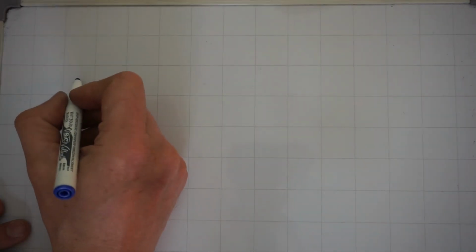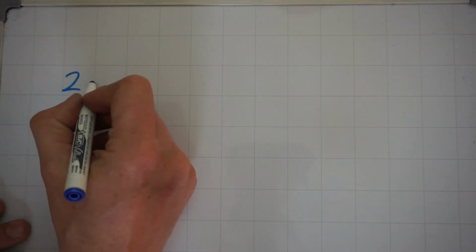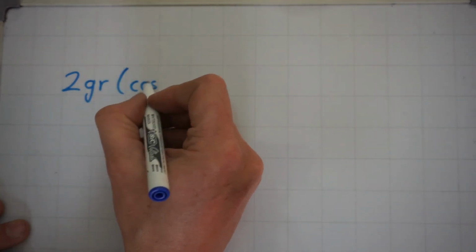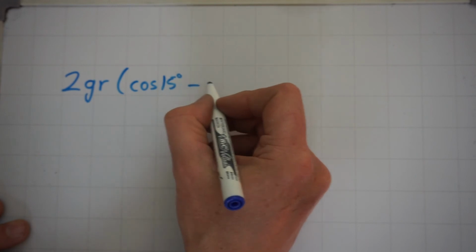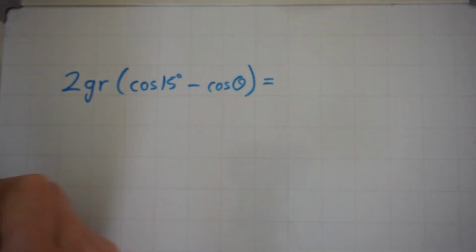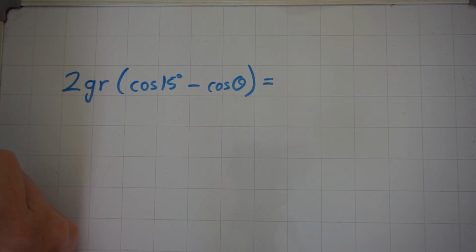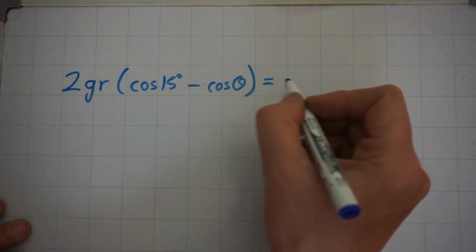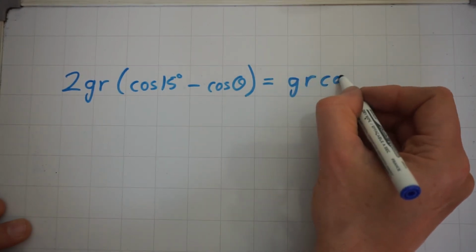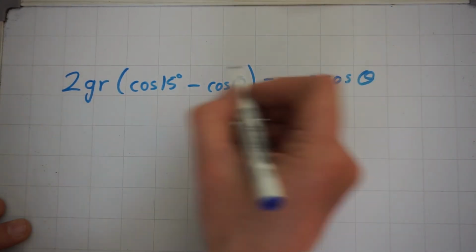Now we can combine the two results. From the conservation of energy, we had that v squared was 2gr (cos 15 minus cos theta), and from applying Newton's second law we had that v squared is equal to gr cos theta.